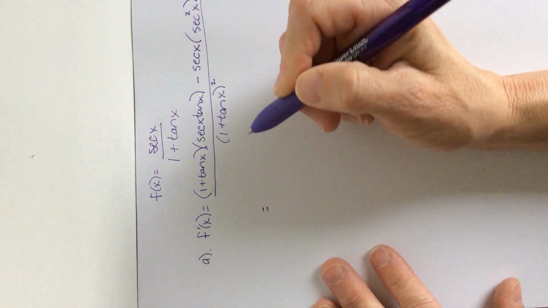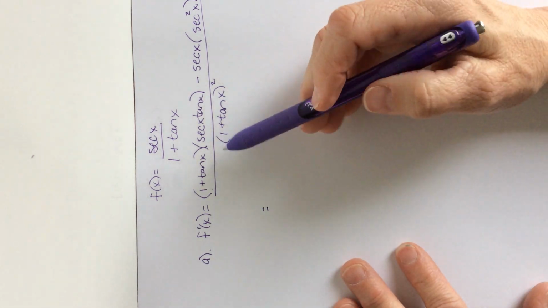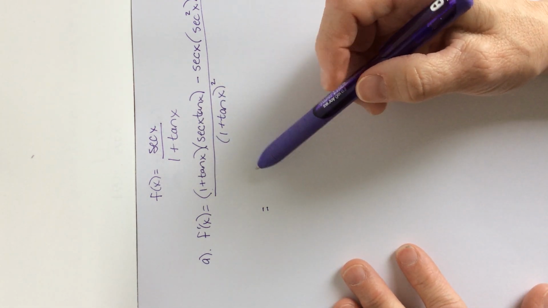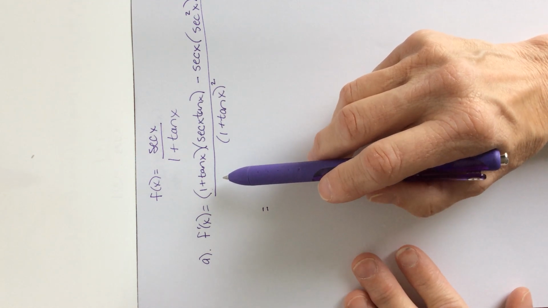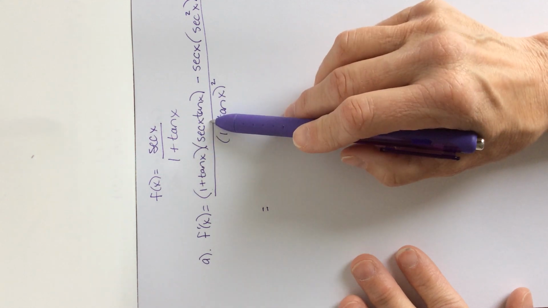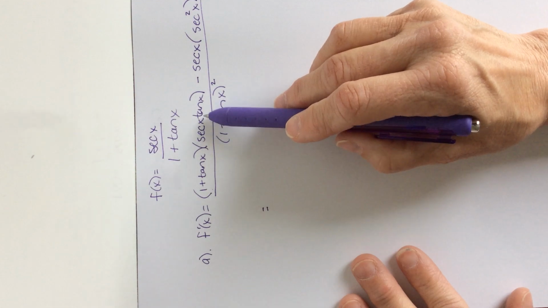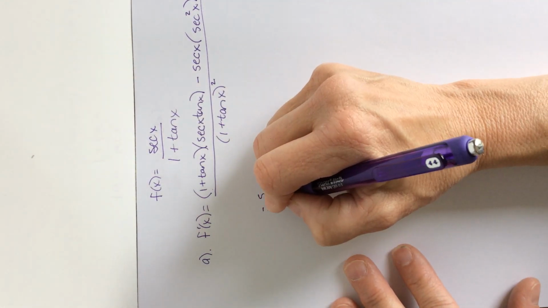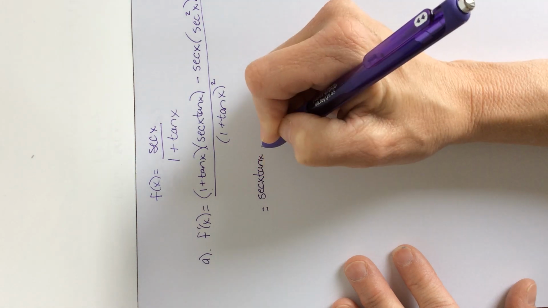So let's do this. If I distribute here, 1 times secant of x tangent of x gives me secant x tangent of x.